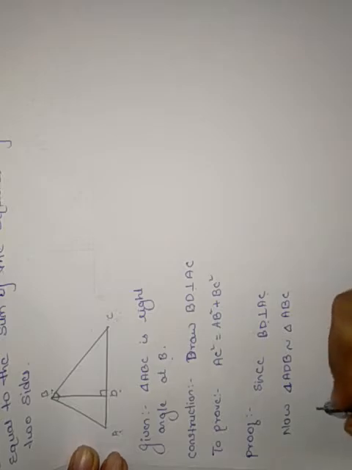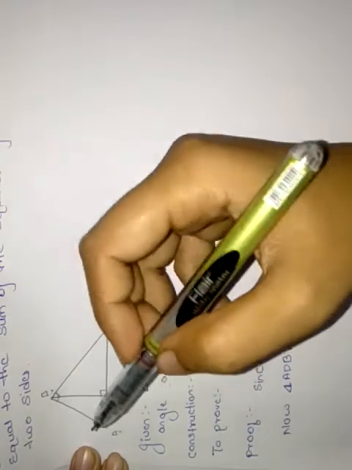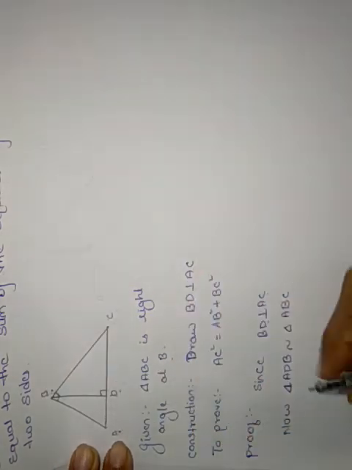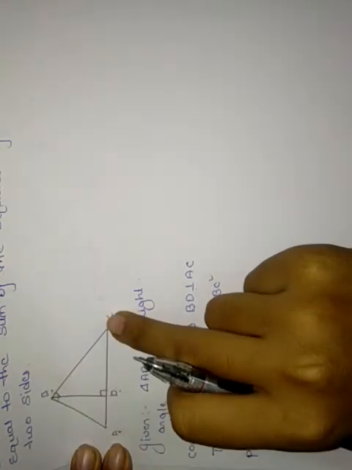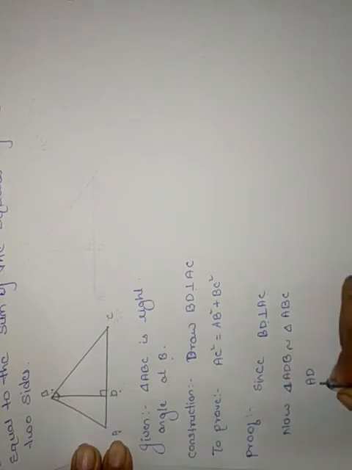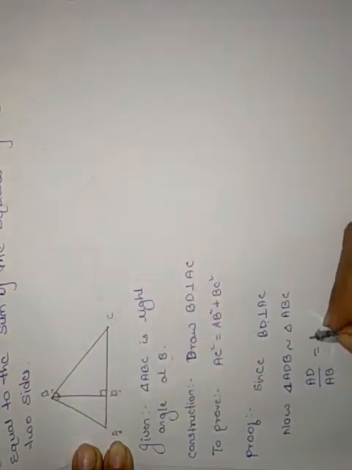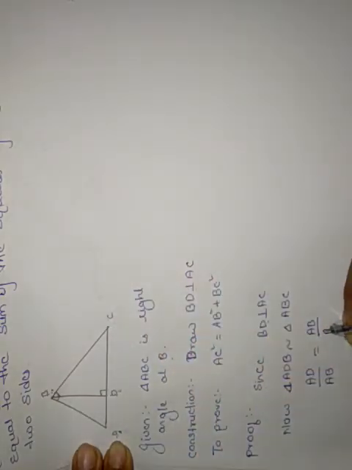So we'll write it. For the small triangle, first we have taken the small triangle, isn't it? So we'll take the side of the small triangle, that is AD. Then for the big triangle it will be AB, divided by AB. Next we'll consider the hypotenuse. The hypotenuse of the triangle ADB is AB, and the hypotenuse of the triangle ABC is AC, isn't it?